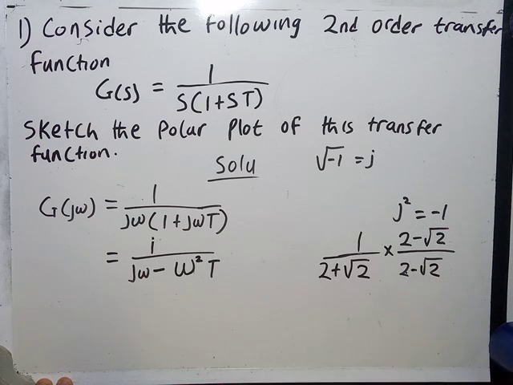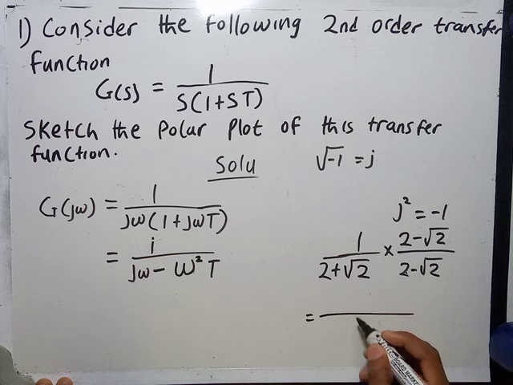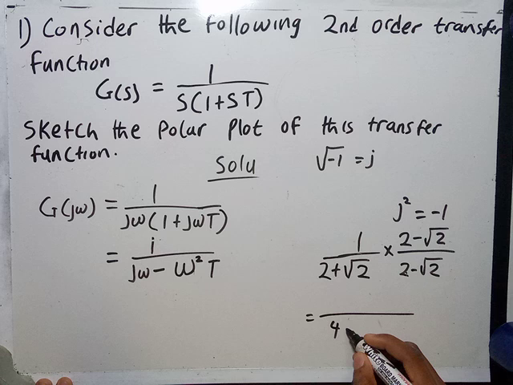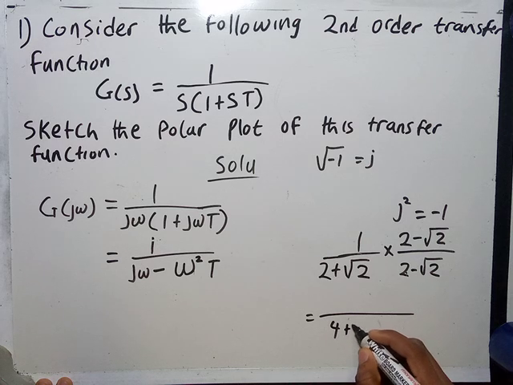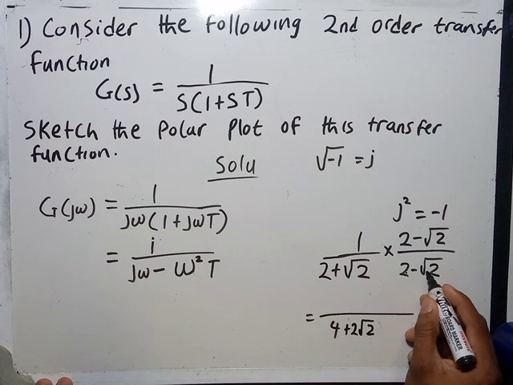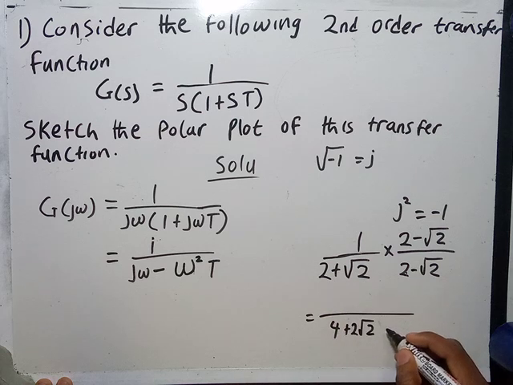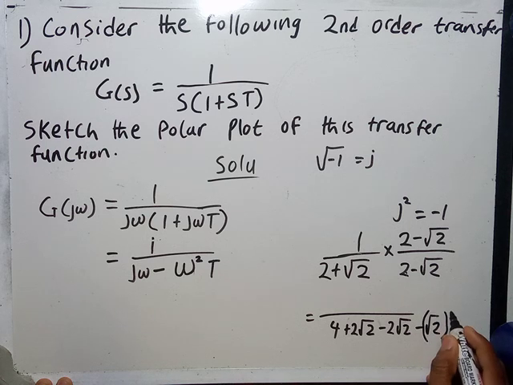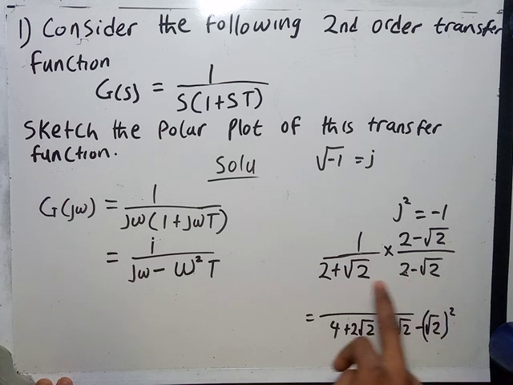So when this multiplies this, you have 4. When this multiplies this, you have plus 2 root 2. When this multiplies this, you have minus 2 root 2. This multiplying this, you have minus root 2 squared.